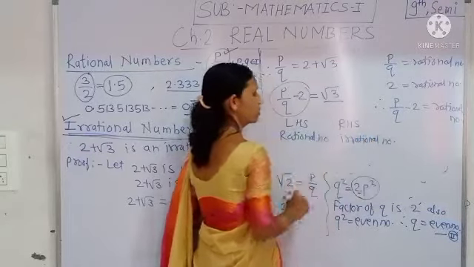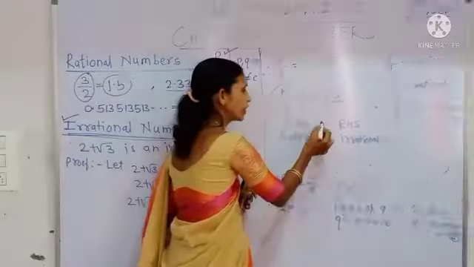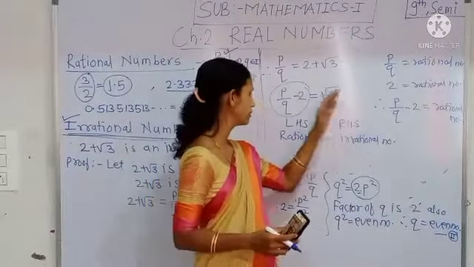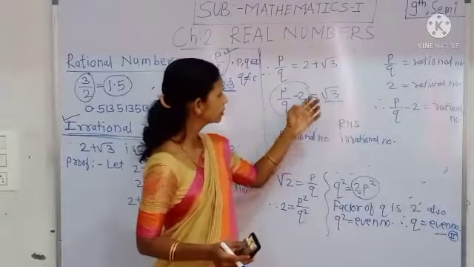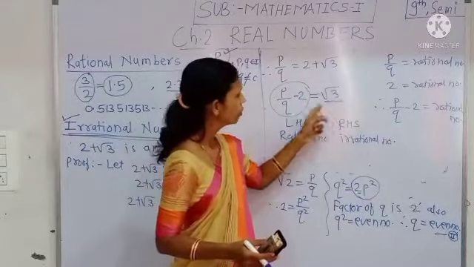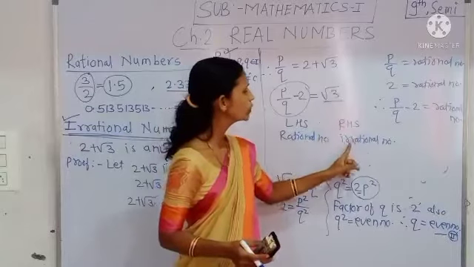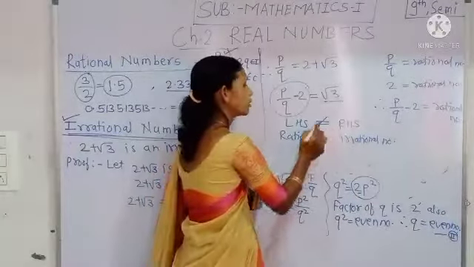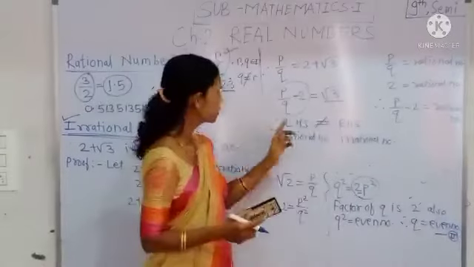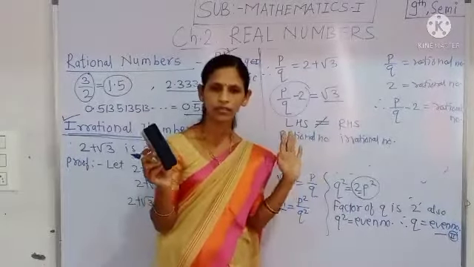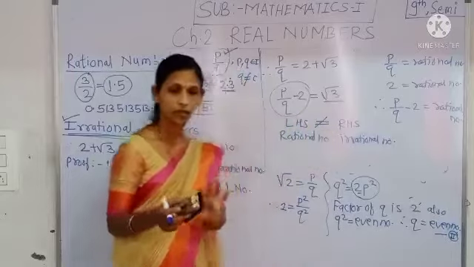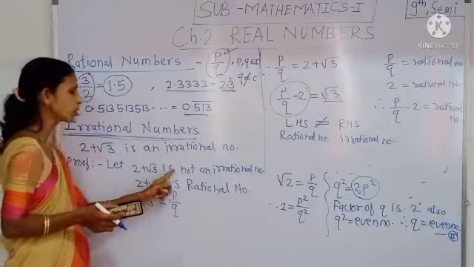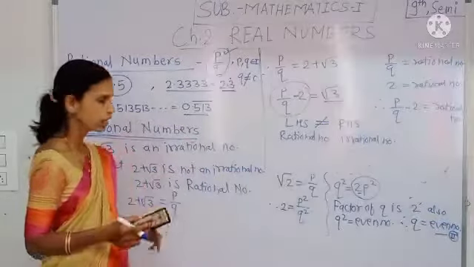That means we get the left hand side number, a rational number, equal to the value of root 3, which is an irrational number, and that is a contradiction. That means LHS is not equal to RHS. We get this because we considered that 2 plus root 3 is not an irrational number.